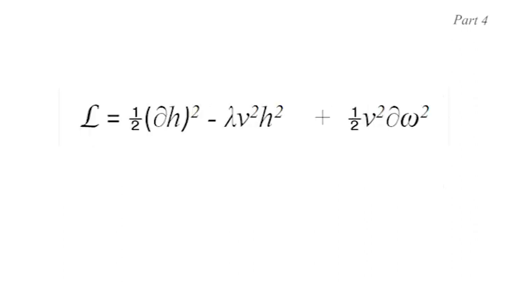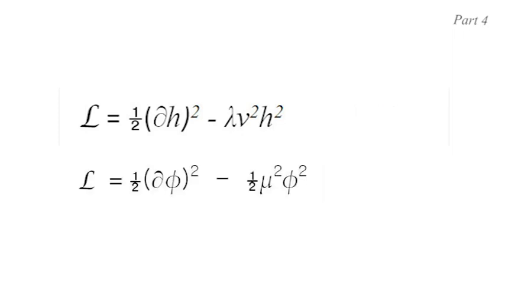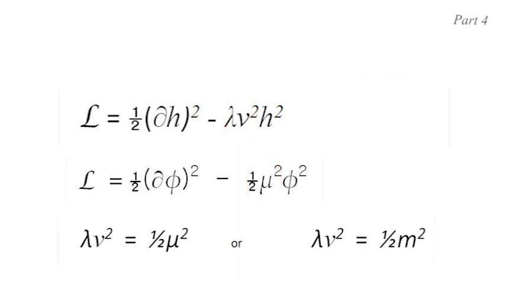Also, we should remember that the expression for the mass of the Higgs comes from the multiplier of the field squared, h squared, in the Lagrangian. So if we compare the Higgs part of our new Lagrangian to the usual one for a scalar field with no self-interactions, once again we can see that lambda v squared is in the place of half mu squared, which means that if we equate them, it gives lambda v squared equals a half mu squared, or half m squared.